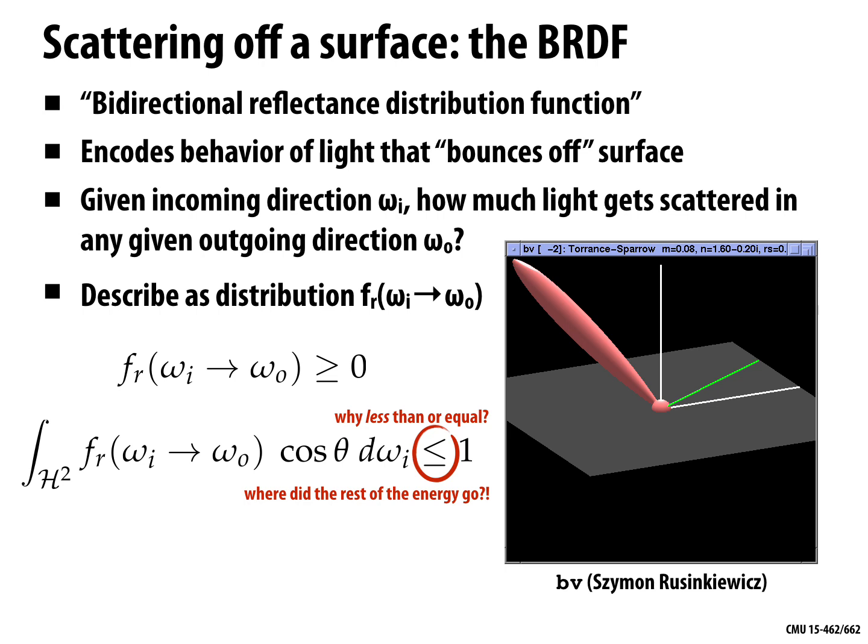Another thing that is always true about these scattering functions is they have a certain symmetry. If I know the amount of light that gets scattered in the direction omega_o from coming in the direction omega_i, then that's going to be equal to how much light gets scattered out in the direction omega_i if it came in from the direction omega_o.